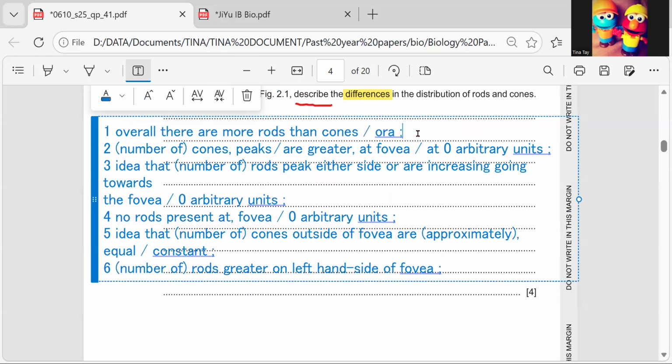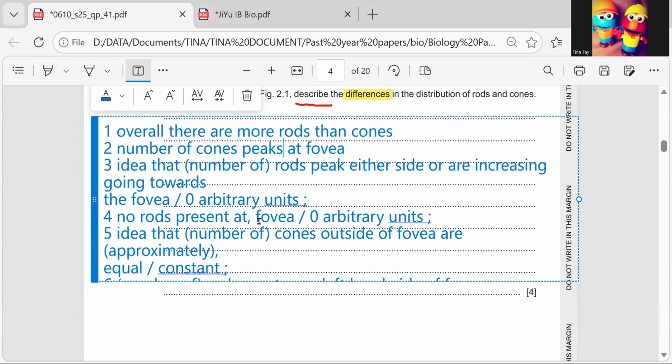Okay, so there's more rods than cones overall. Number of cones peak at the fovea. See, here, no marks.